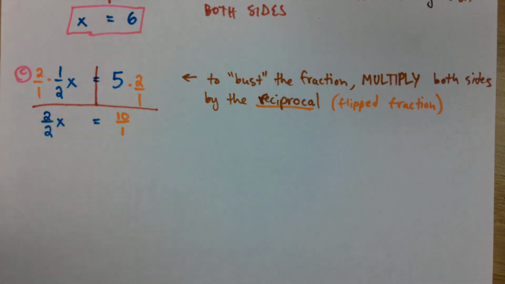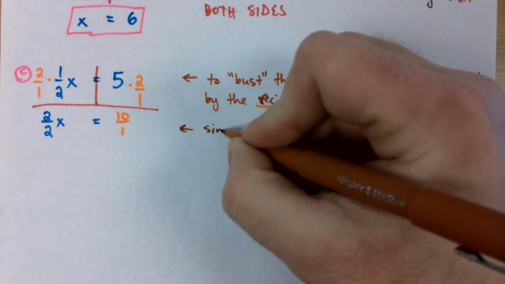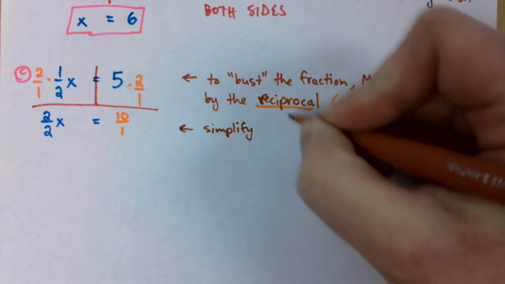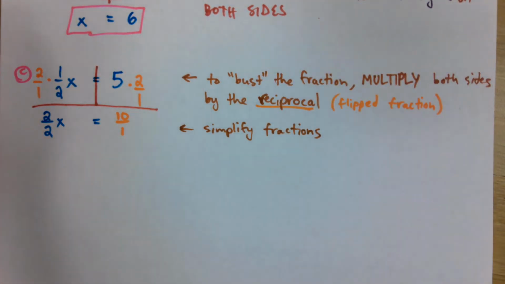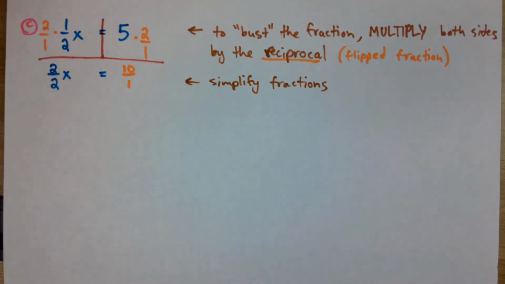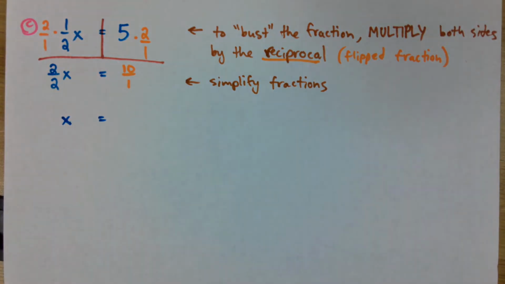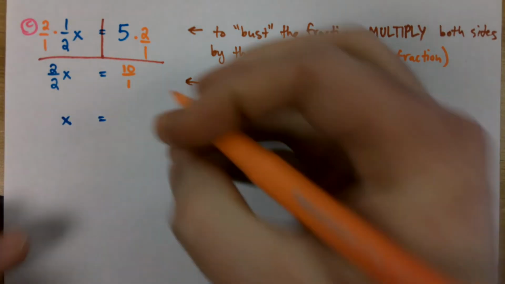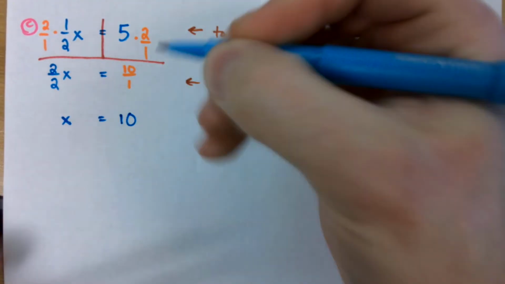That's just going to give us 10 over 1. And then we have to simplify our fractions, of course. 2 over 2, as we said, simplifies to 1. We don't even need to write it. We can just write x. And 10 over 1 is going to simplify to 10, like we said.